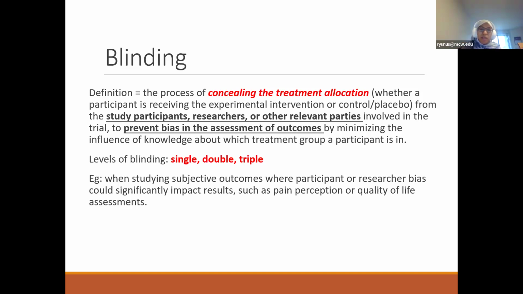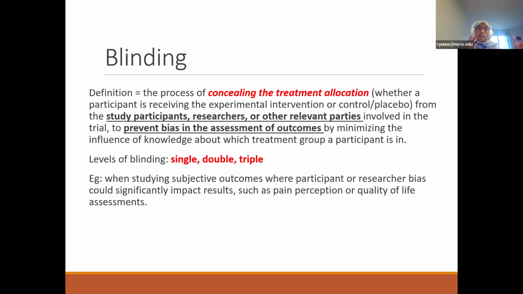And that's why blinding helps in this circumstance. The levels of blinding can be single, double, triple, and what that means is which group or who you're blinding. If you just say it's a single blinded study or a single blinded clinical trial, that means the group that is blinded is the participants, just the study participants.